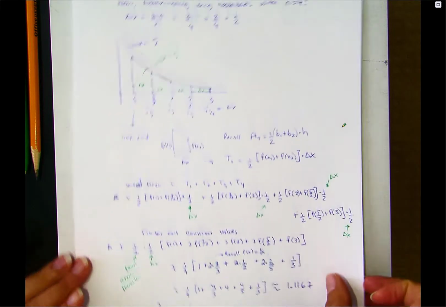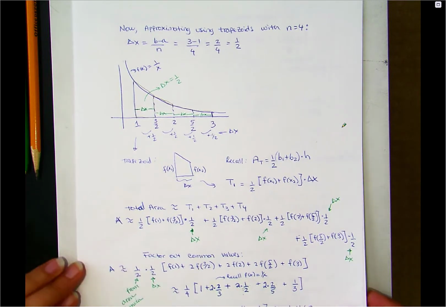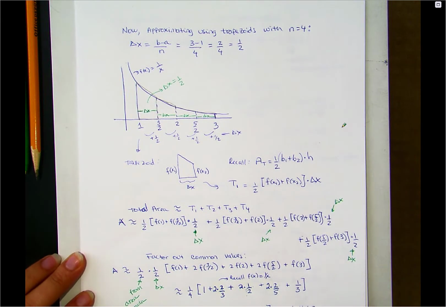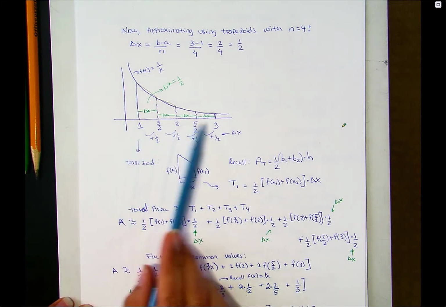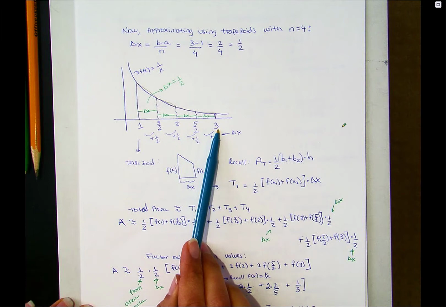Using 4 trapezoids, just like we talked about with rectangles, the first thing is to find your delta x, and delta x is (b minus a) over n. In this case, (3 minus 1) over 4, since we're using 4 trapezoids, which ends up being 1/2. I wrote out what the function looks like with our endpoints.